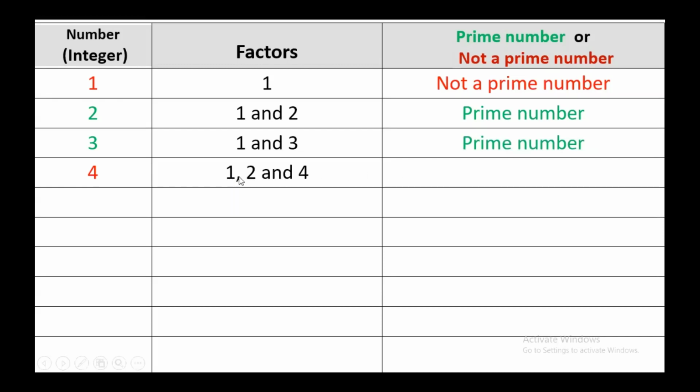So there are three different factors. So we can say 4 is not a prime number. Then we need to take 5, integer 5 or number 5. Find the factors of 5. Factors of 5 are 1 and 5. So there are two different factors, 1 and 5. So we can say 5 is a prime number.